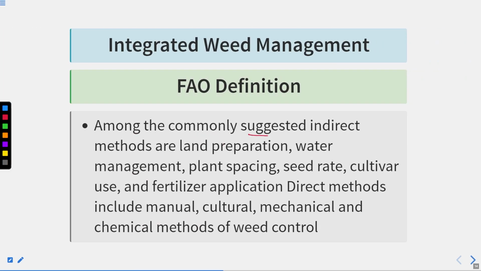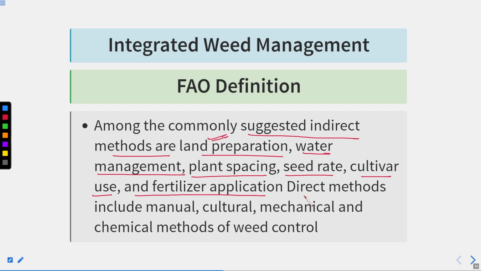Among the commonly suggested indirect methods are land preparation, so first of all land preparation is very, very important, water management, plant spacing, seed rate, cultivar use, and fertilizer applications. The direct methods include manual, cultural, mechanical and chemical methods of weed control.